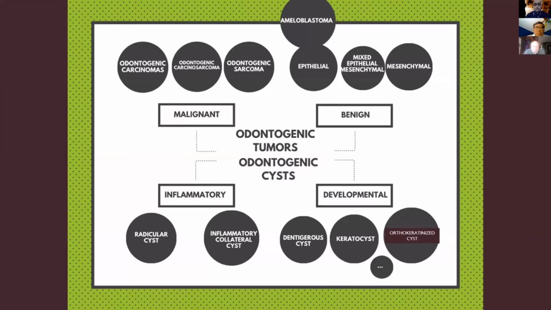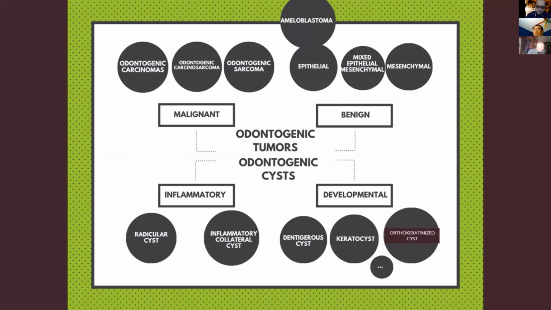And they could also be developmental. The most prevalent developmental cysts are dentigerous cysts. Also, odontogenic keratocysts and orthokeratinized odontogenic cysts, among others.